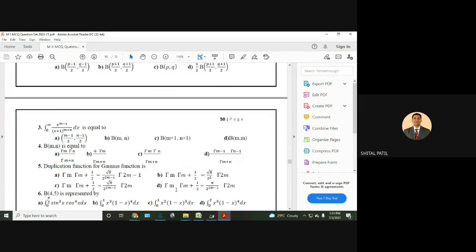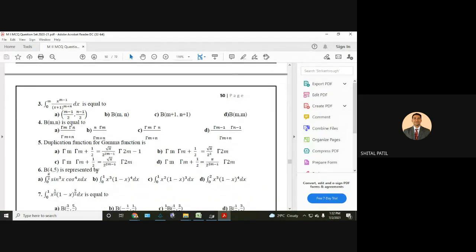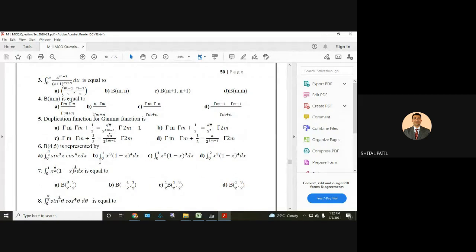Question number 3. x raised to m minus 1 divided by x plus 1 raised to m plus n dx. This is the formula of beta function. So beta mn is the answer. Beta nm is also answer. If we interchange m and n, there is no problem. Then question number 4, A option is correct. Beta mn equal to gamma m gamma n divided by gamma m plus n. Then question number 5, duplication formula.